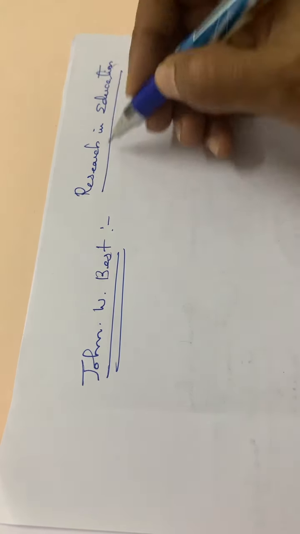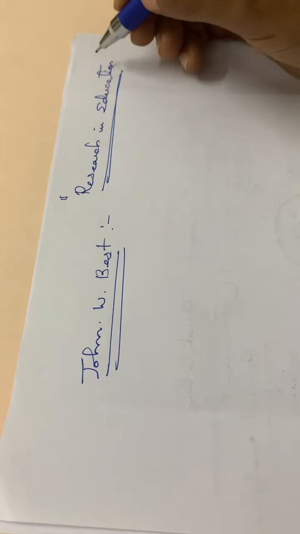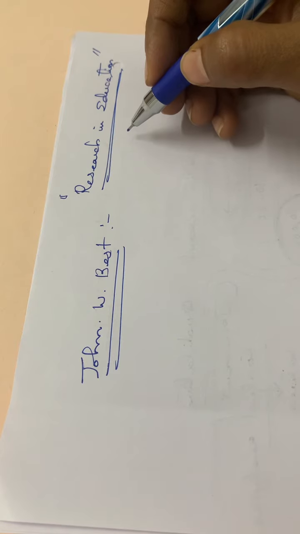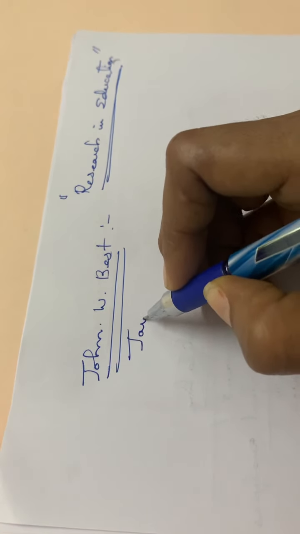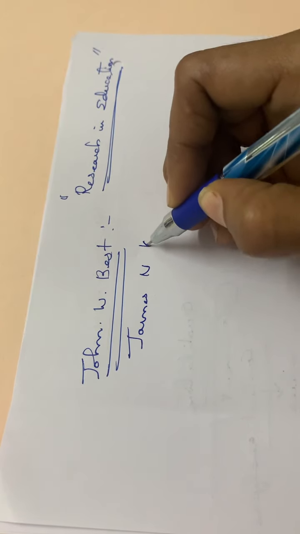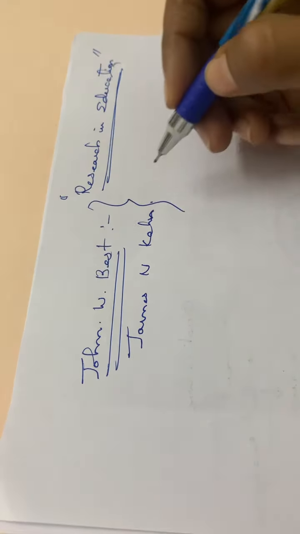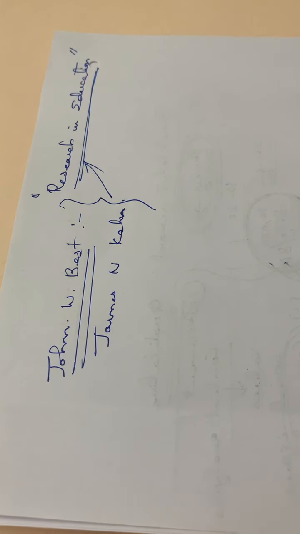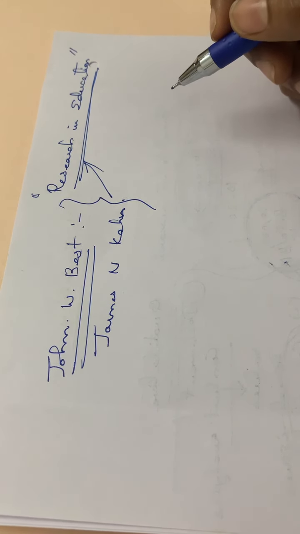Those who are pursuing their PhD can also buy this book, Research in Education by John W. Best and James N. Kahn, K-A-H-N. This is a very good book in research methodology. You can buy that text for your reference, otherwise no need of it.